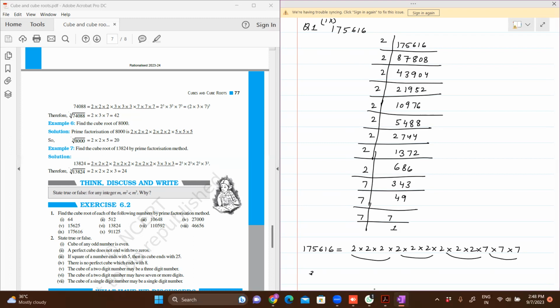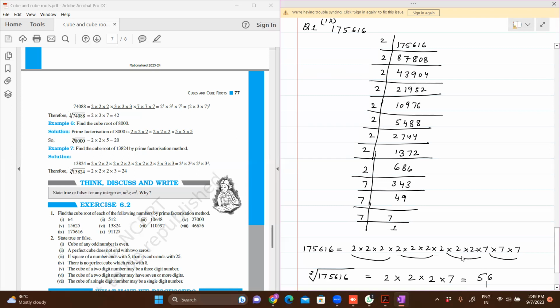So ultimately the cube root of 175616: from one similar group, we can take out one number. From the first group we take out 2, from the second group 2 again, from the third group 2 again, and from the fourth group 7. Now 2 into 2 into 2 is 8, 8 into 7 is 56.